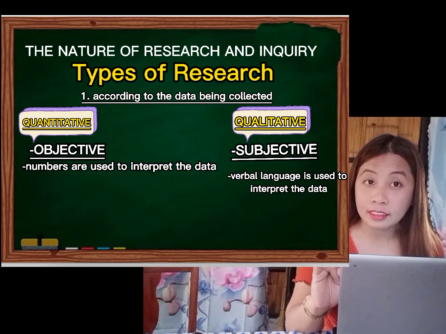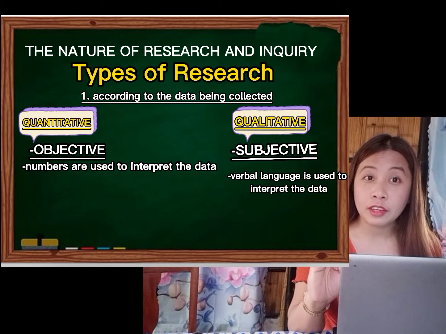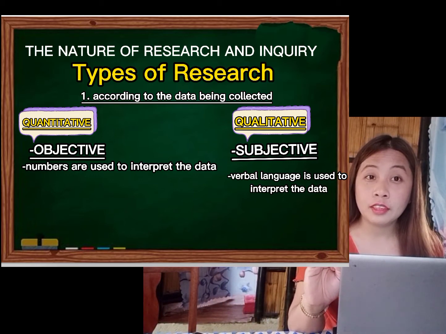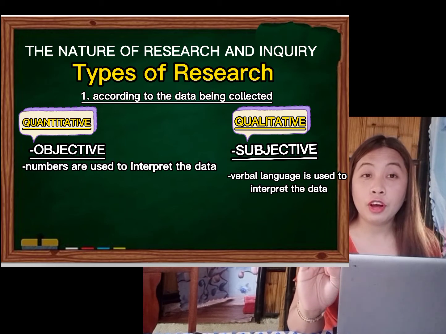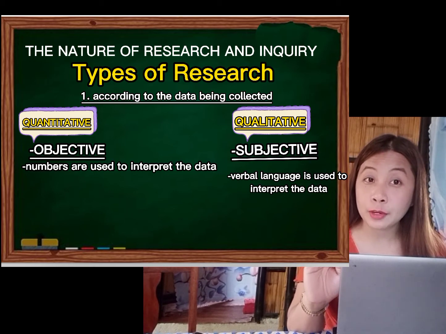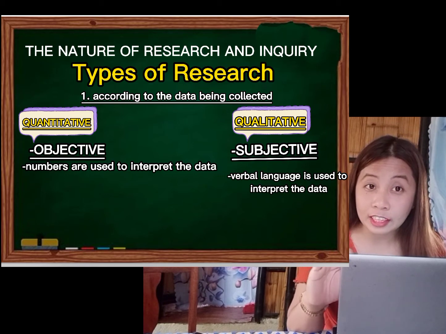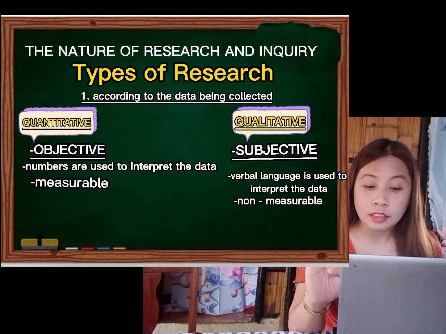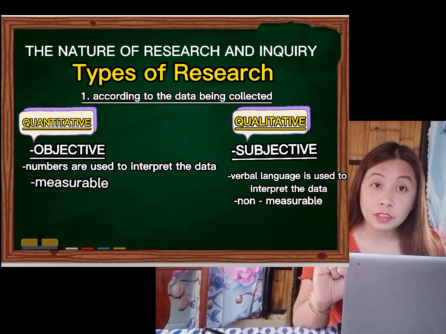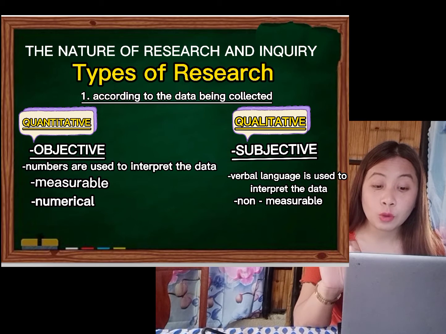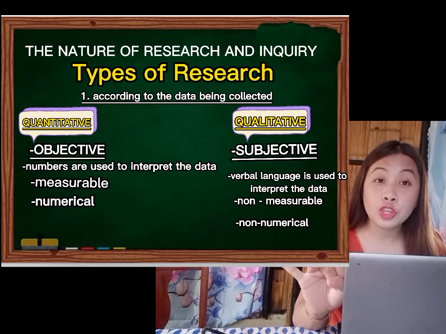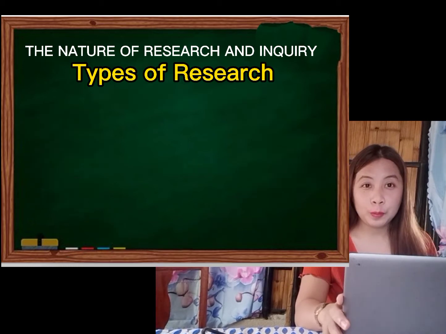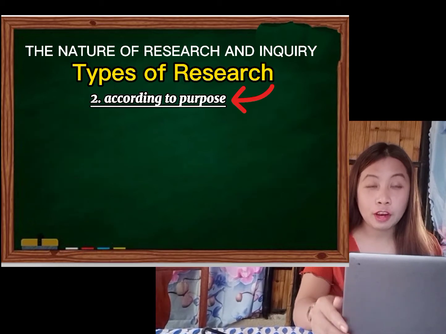On the other hand, si qualitative, okay, we used verbal language to interpret the data or the result of the data being collected. Si quantitative, measurable. Si qualitative, non-measurable. Quantitative, numerical. Si qualitative, non-numerical sa data. Okay? Now, proceed tayo sa according to purpose of the study.